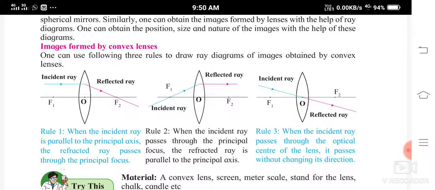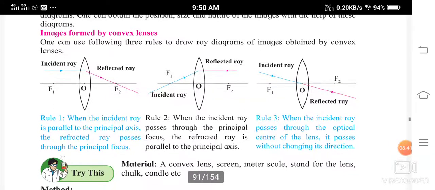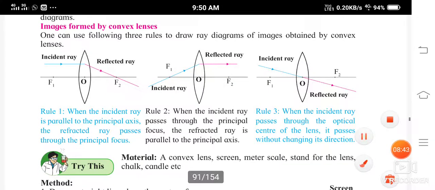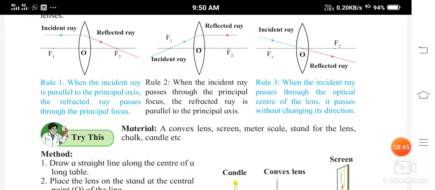Now, images formed by a convex lens. One can use the following 3 rules to draw ray diagrams for convex lenses. Rule 1: when the incident ray is parallel to the principal axis, the refracted ray passes through the principal focus.